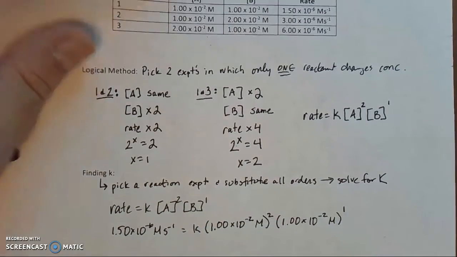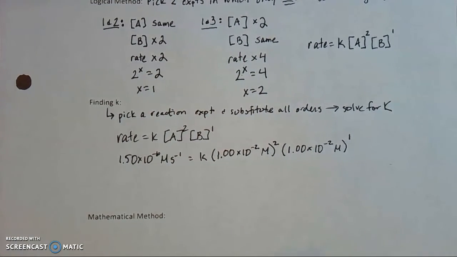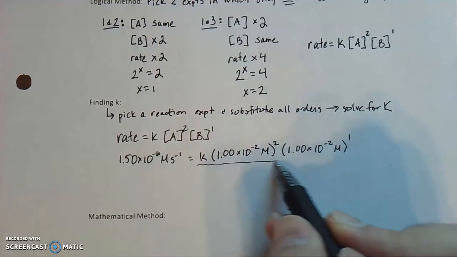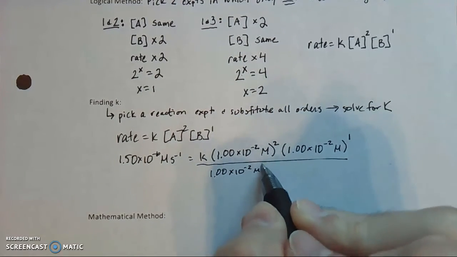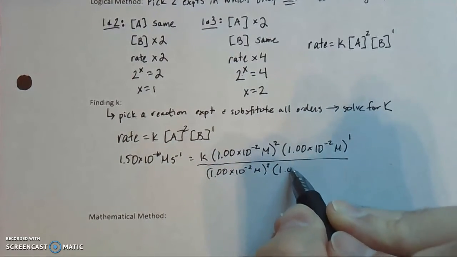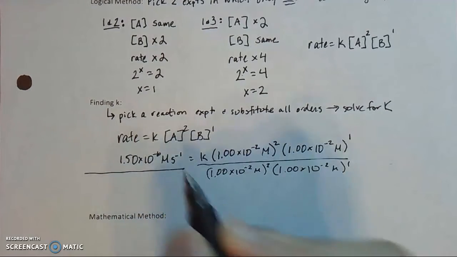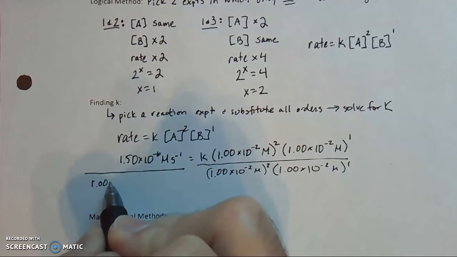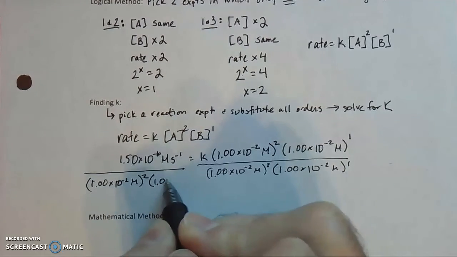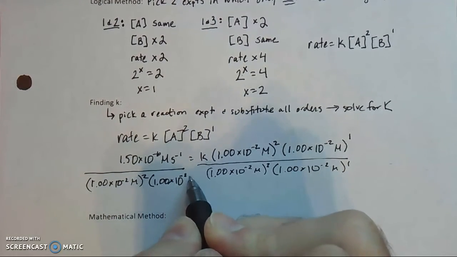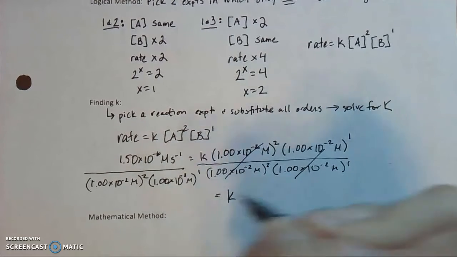So I have to solve this for k. This is just an algebra problem now. To solve for k, I'm going to divide both sides by 1.00 times 10 to the minus 2nd molar squared times our B value to the first. That crosses these out and it leaves k by itself.